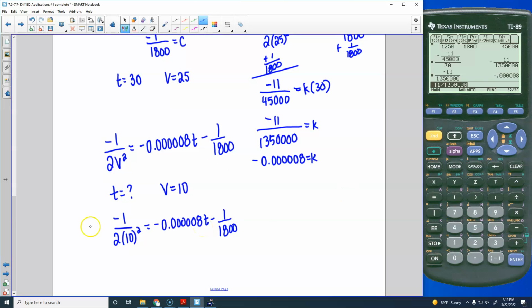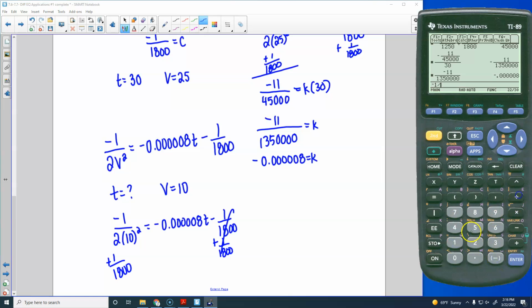Okay, so that's going to be negative 1 over 200. I'm going to need to add the 1 over 1800. And if this were on the exam on Calculator Active, you don't have to show the work for solving every step. You could do this in the calculator, but you would need to show where you plug things in. So we're going to do negative 1 over 200 plus 1 over 1800.